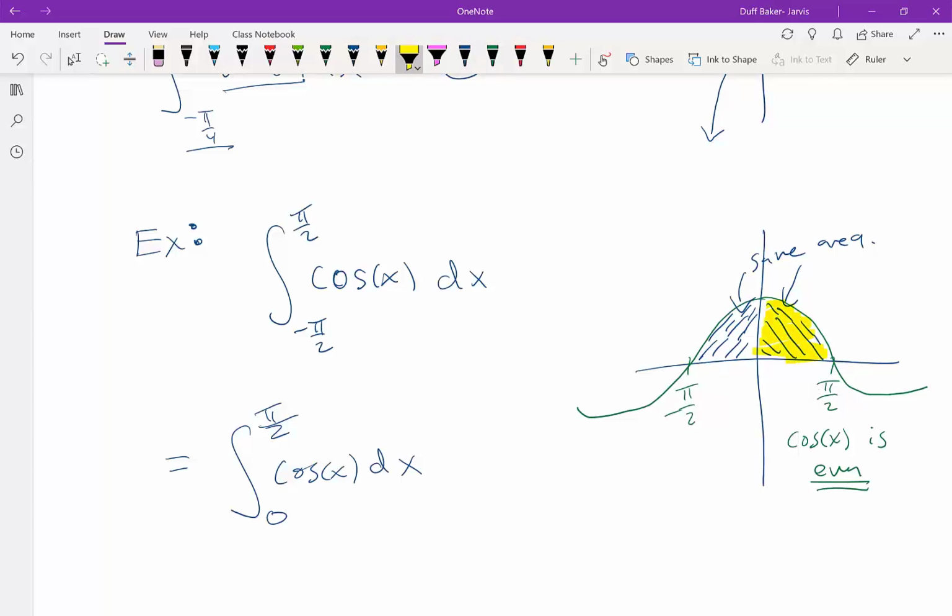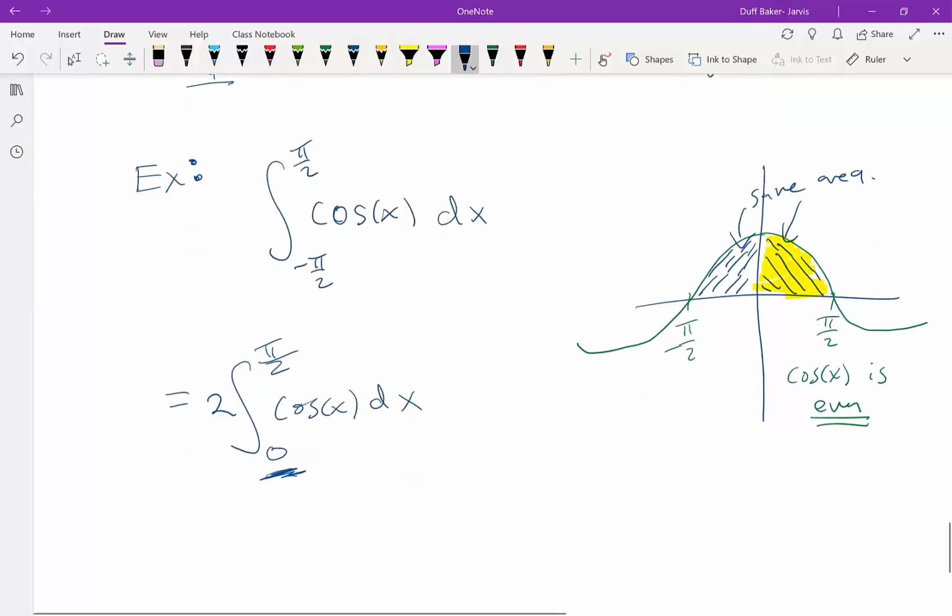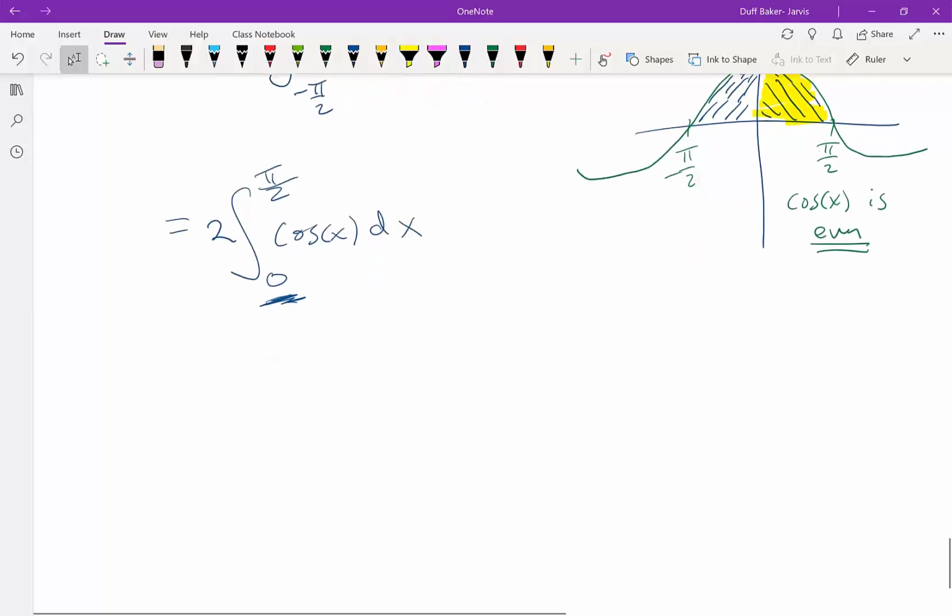And so to get the whole area, it's just double that. Okay. And the reason this can save you a little work is a lot of times plugging in 0 is a lot simpler than plugging in other numbers. But yeah, this one doesn't get used quite as much.